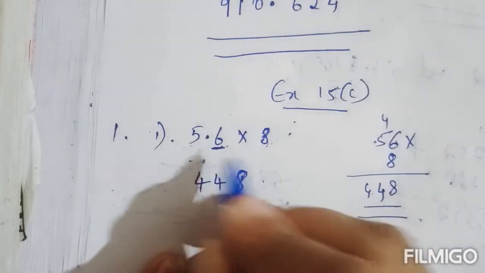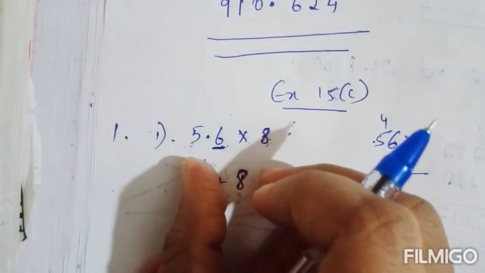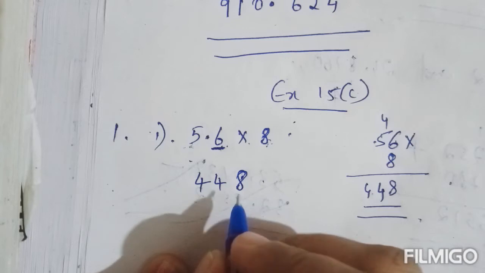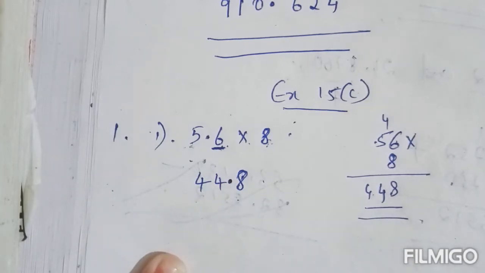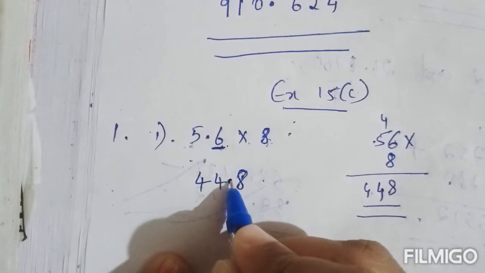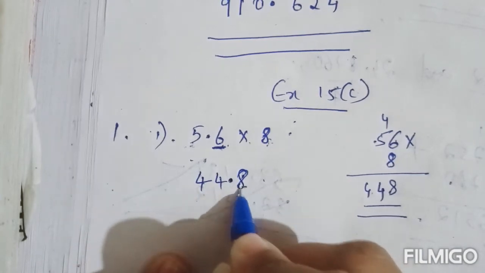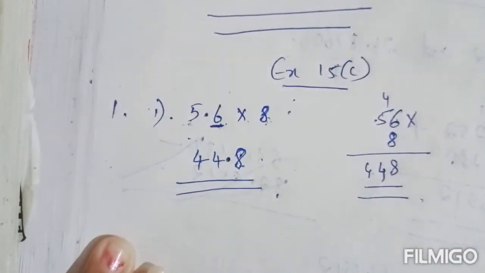So in total only one digit is coming after the decimal point. So in the answer also, after the decimal point one digit should come. So it will be 44.8. Now after the decimal point one digit is coming. Okay, so this will be the answer, 44.8.